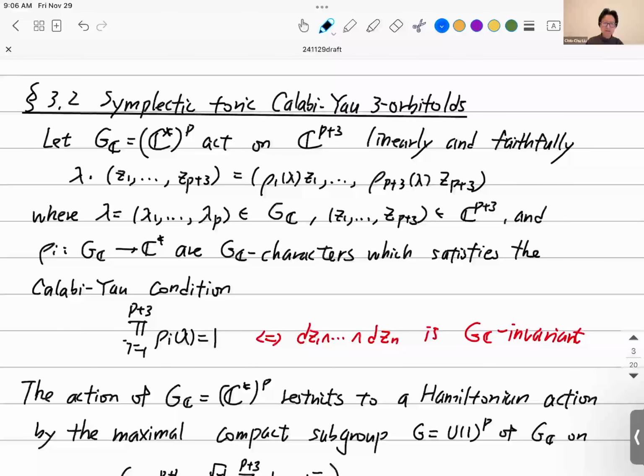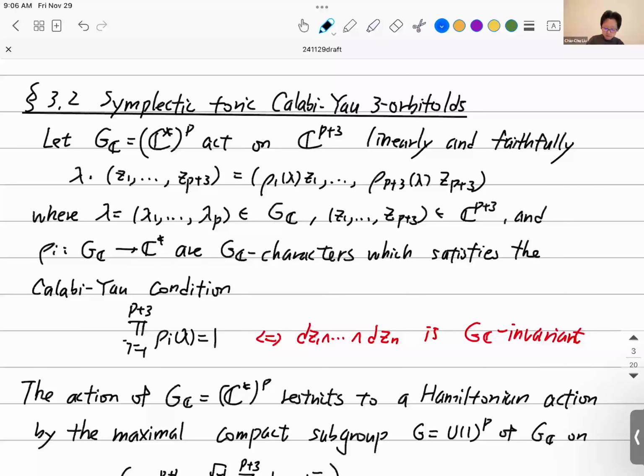Explicitly, we may assume the action is diagonalized, so lambda acts on C^(p+3) by p+3 characters of G_C. We want the quotient to be Calabi-Yau, so they should satisfy the Calabi-Yau condition.